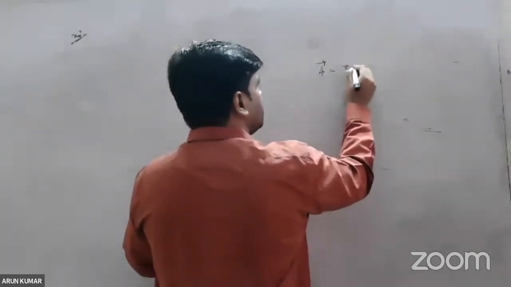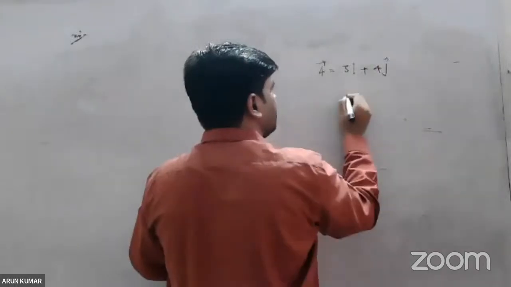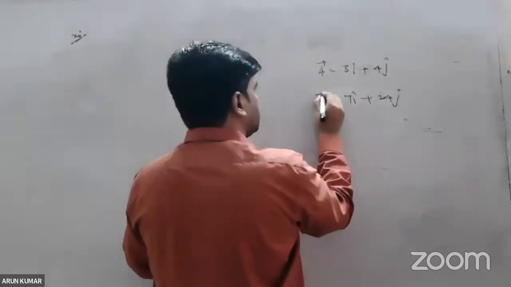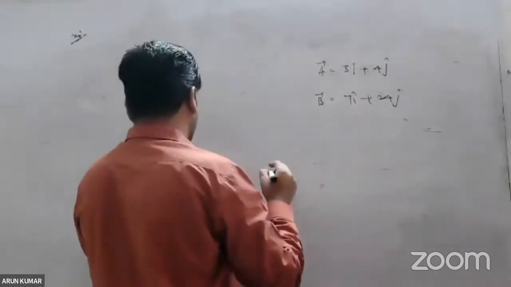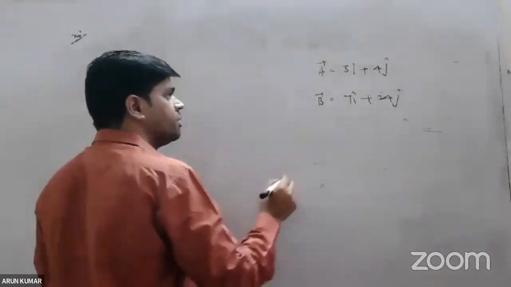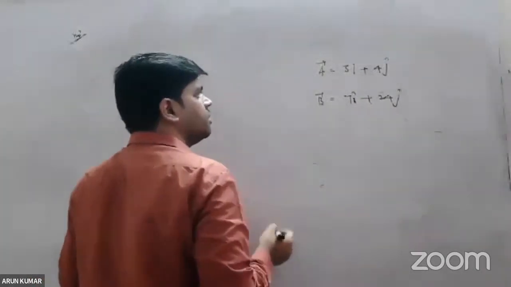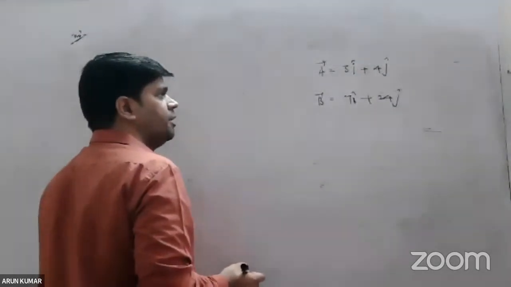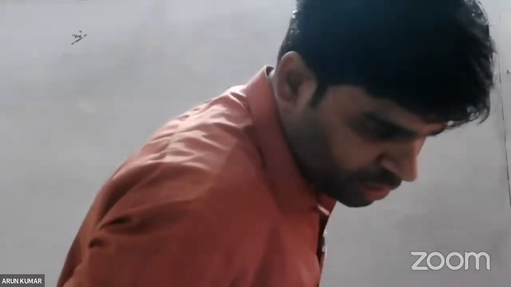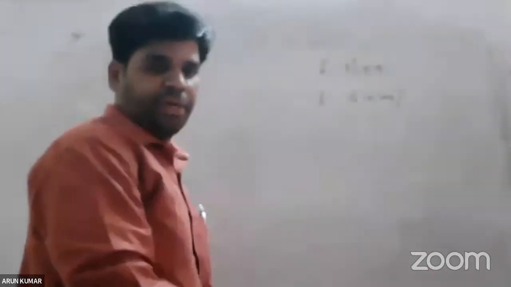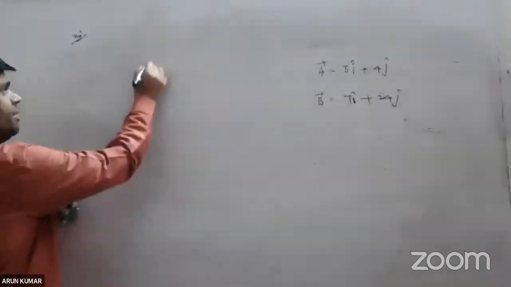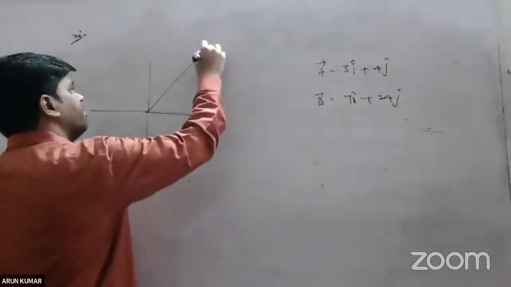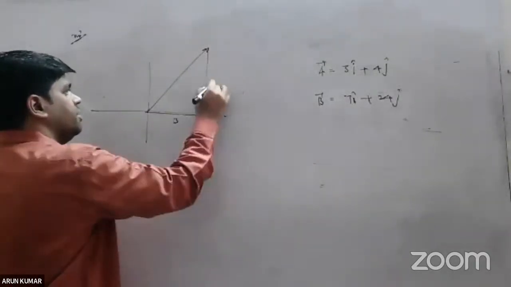A bar is 3i cap plus 4j cap. Now what is required? He says find a vector having the same magnitude as B but parallel to A. So now the A bar is along 3i cap, 4j cap, that is along 3, 4.